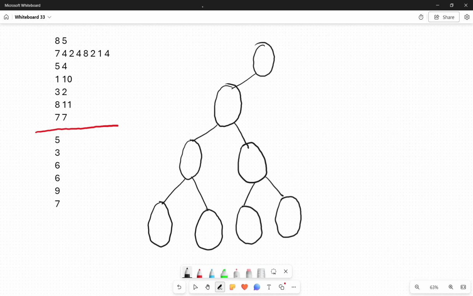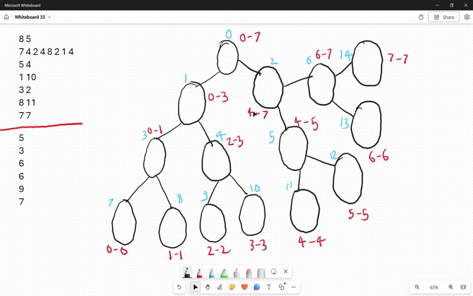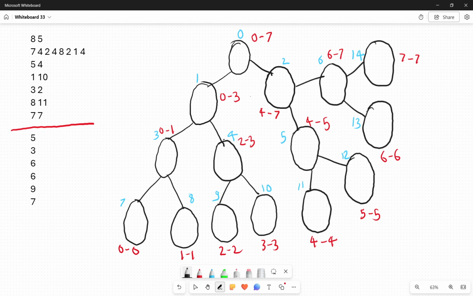Okay, wait, let me draw the complete tree, and yes, we are done. Okay, it is a bit screwed up, but nonetheless we should be able to visualize things. So the things indicated in blue are segment tree indices, and the things indicated in red are the array indices.